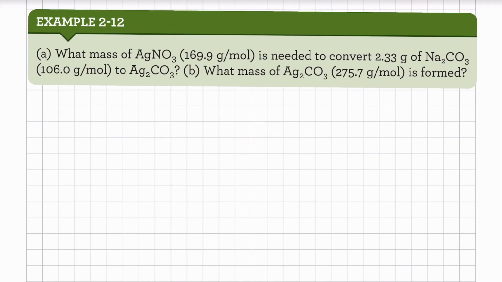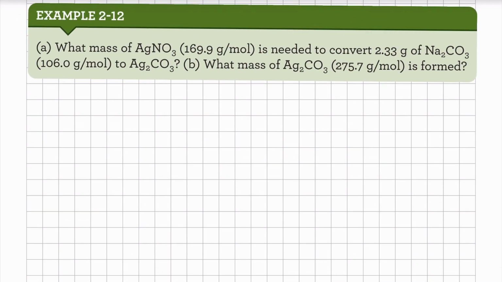Now, let's take a look at this example. It says, what mass of AgNO3 is needed to convert 2.33 grams of Na2CO3 to Ag2CO3? So after this part, we are going to talk about part B of this example as well. But before starting any calculation, it's really important to find the whole equation.